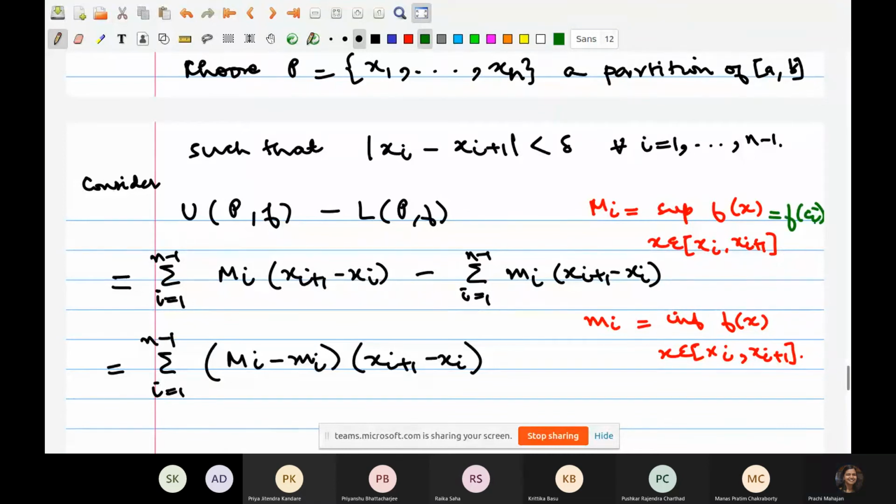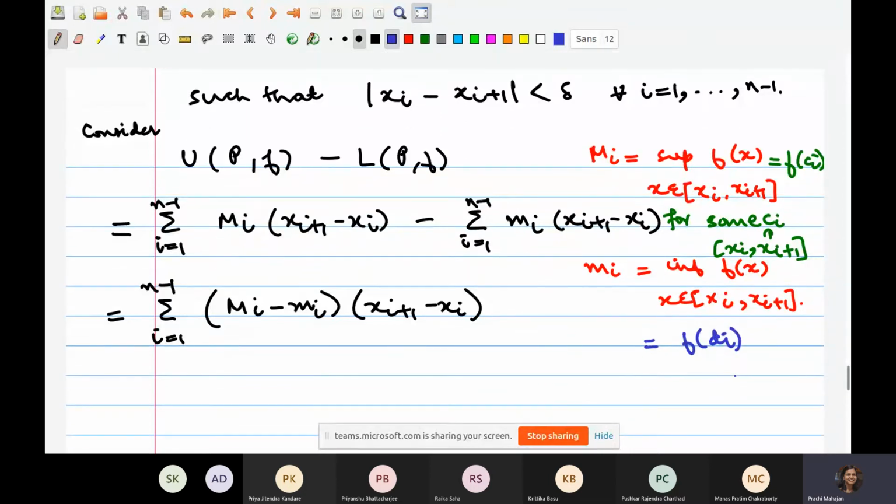So there is going to be a point ci in the ith subinterval such that the supremum of f, that is capital Mi, is realized at the point, f of ci. Likewise, the same thing applies to the infimum of f. There is going to be a di in the ith subinterval such that the infimum of f over the interval is realized at this point.